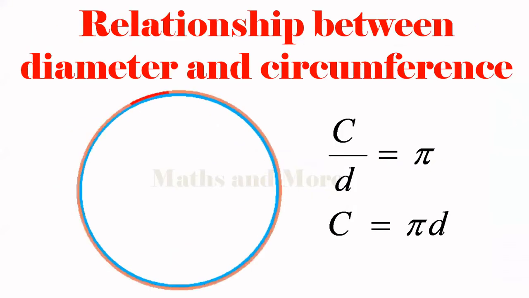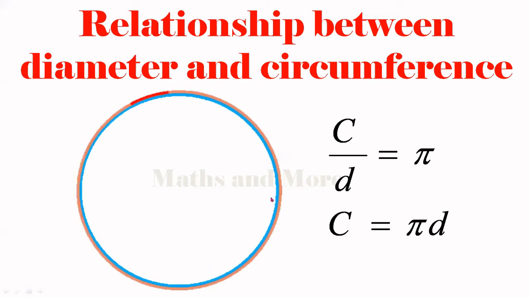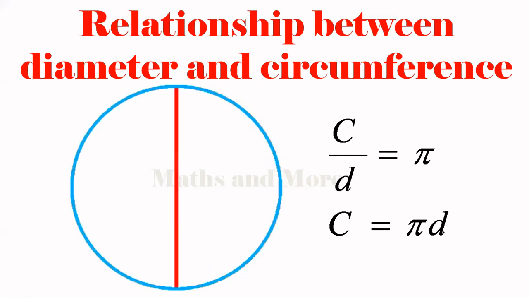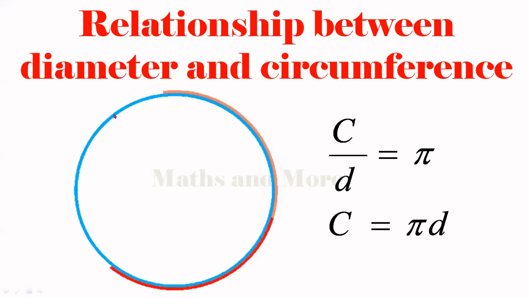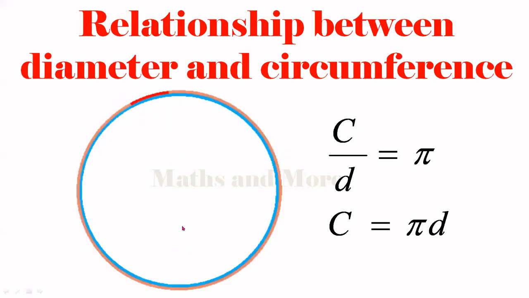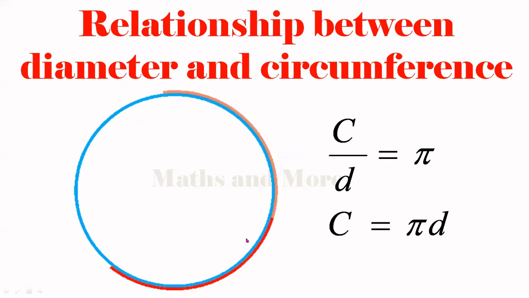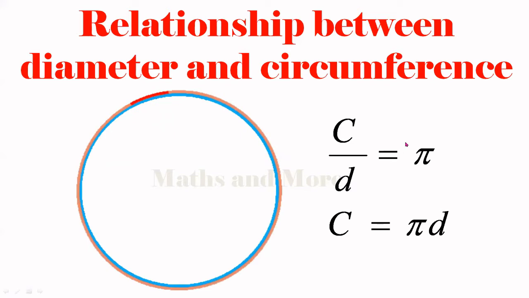The relationship between diameter and circumference. Circumference means the length of this line, and diameter, now you know the diameter. If we get any circle and divide the circumference by the diameter, always that value is the same.